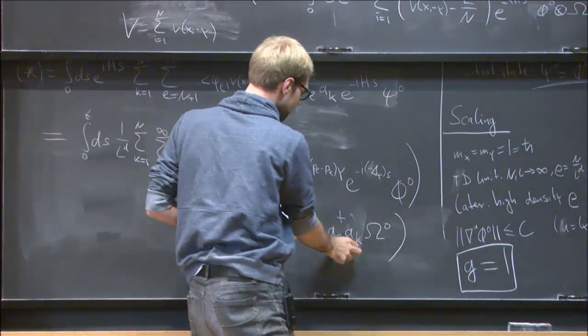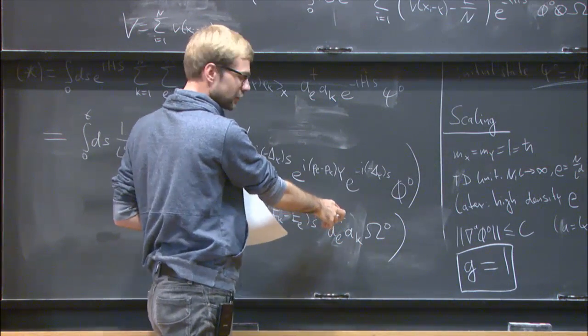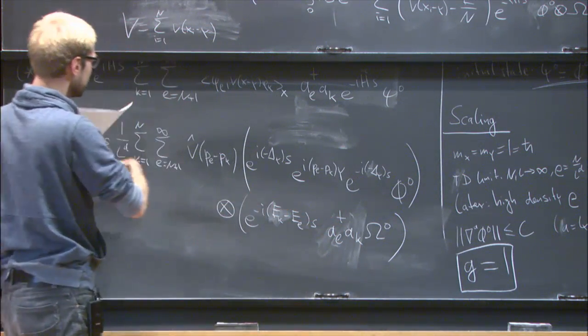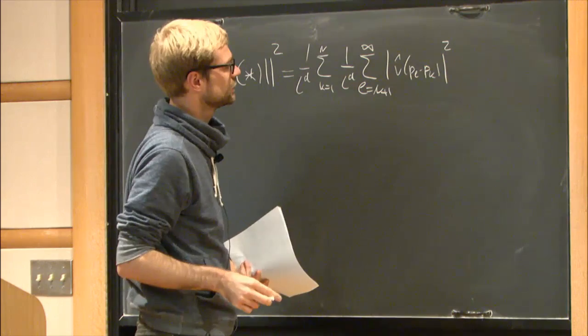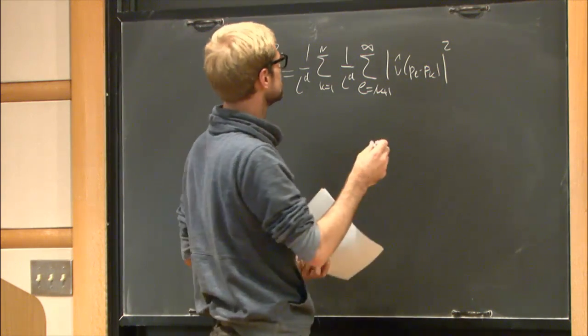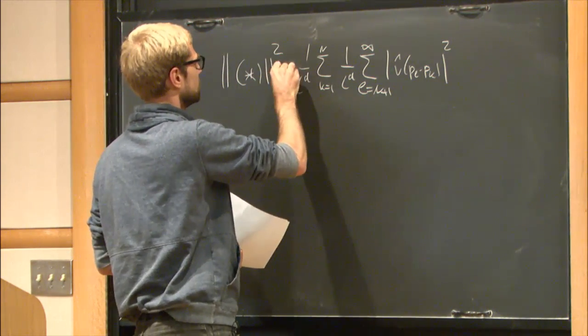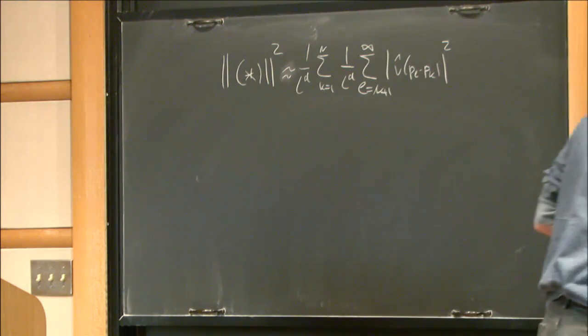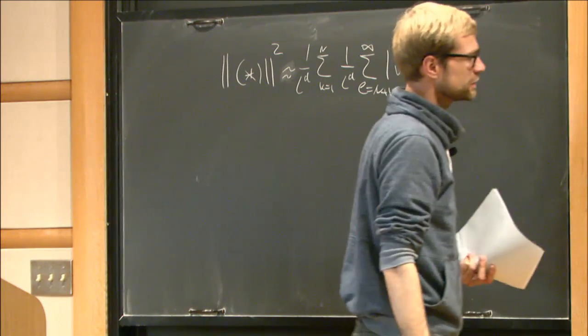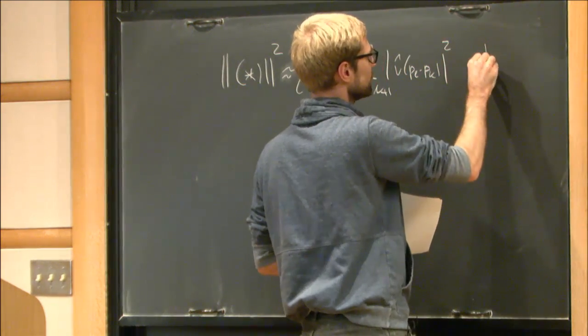So for different L and Ks, those states are orthogonal to each other. That's why when I take the square, I only get one sum of each Ks and Ls. And then here I get, well, let me maybe approximate here. As I said, approximately, if I square this thing and do the partial integration, I get a 1 over kf.